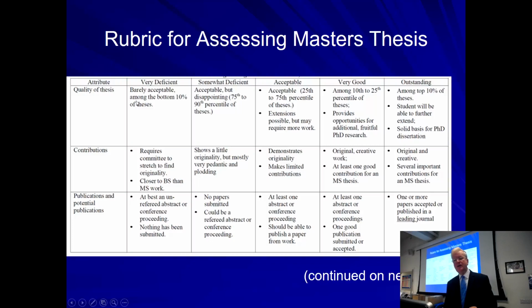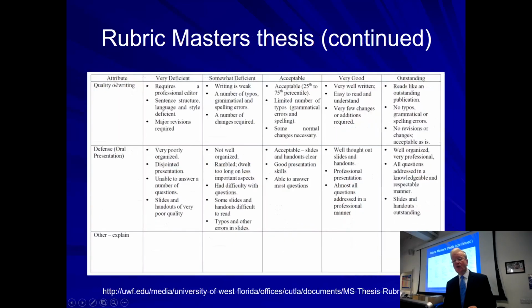As you can see there, this particular examiner had attributes like the quality of the thesis, the contributions, the publications and potential publications, the quality of the writing, then if there was an oral presentation, how well the student defended the oral presentation, and any other points that struck the examiner as they were reading the thesis. Again, this will help in categorizing the quality of the thesis presented to you.